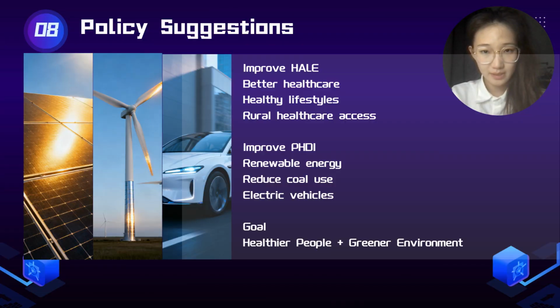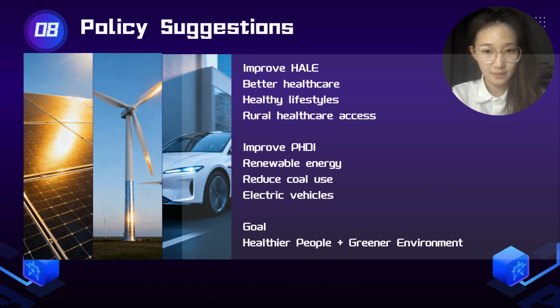Since sustainability remains a challenge, the next question is how can China improve both HALE and PHDI in the future? China can improve HALE by strengthening healthcare services, promoting healthy lifestyles, and improving healthcare across rural areas.